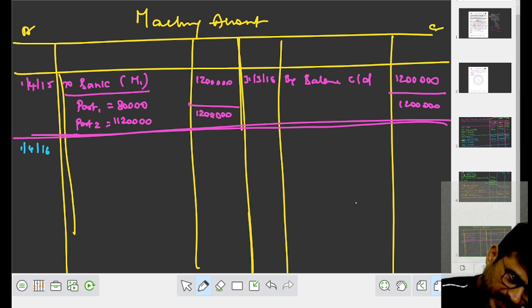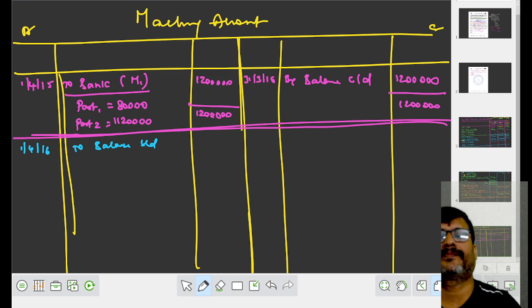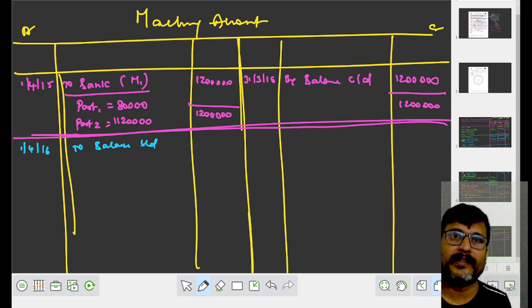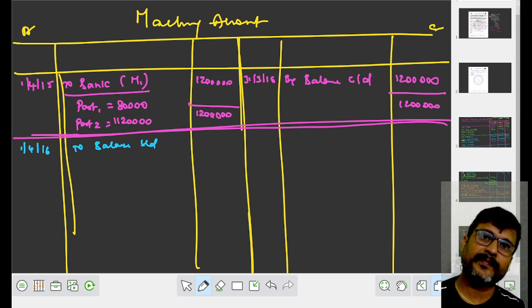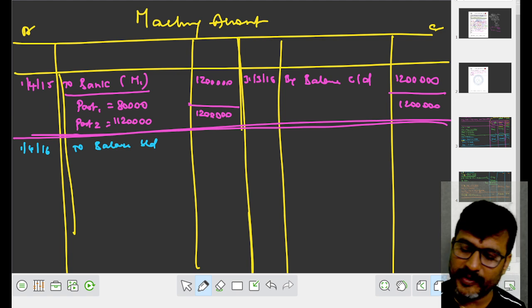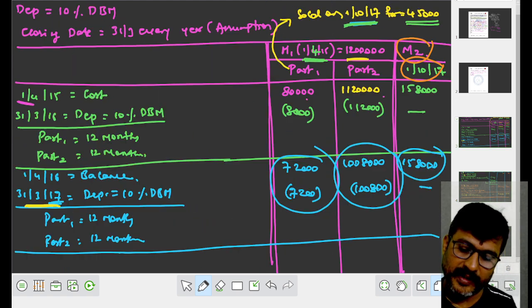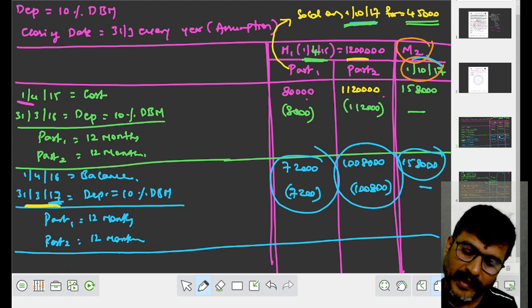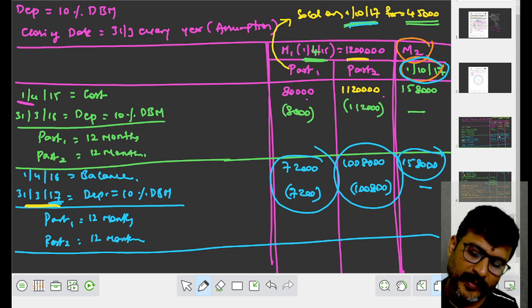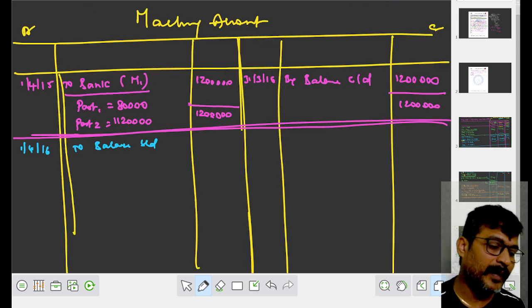1st April 16. To balance brought down. Did you sell any machine or purchase any machine in the year 2016? No, we didn't. We purchased in October 17 and sold in October 17. Nothing happened in the second year.